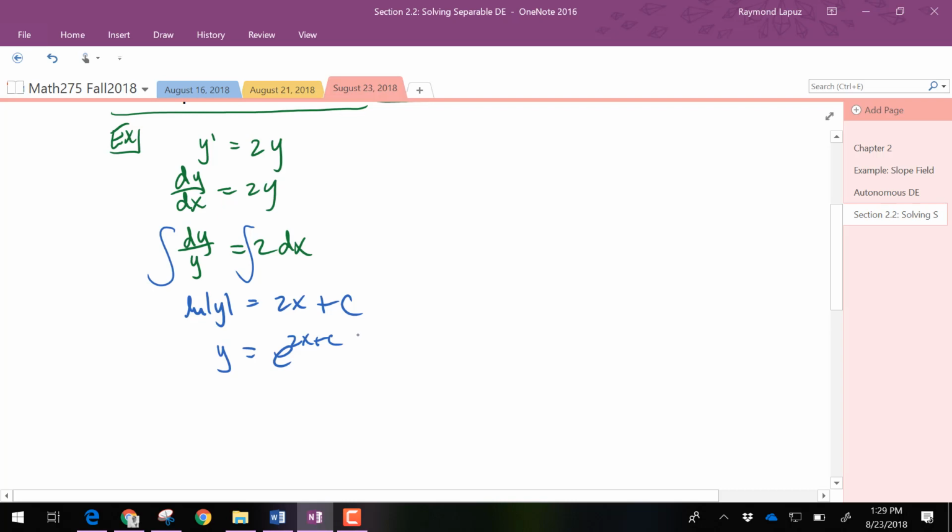Now, some rules for exponents allow us to take our sum in the power and have it as a product in the basis. But then e to the c is just another number again. So we can call that y sub 0.